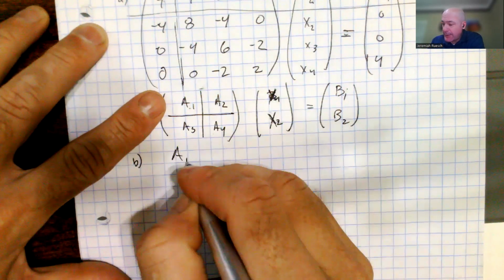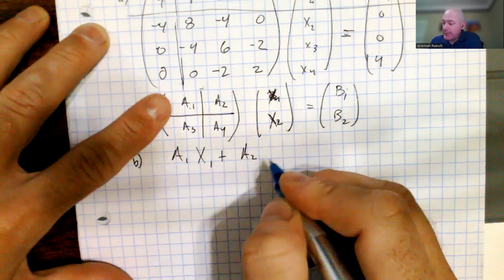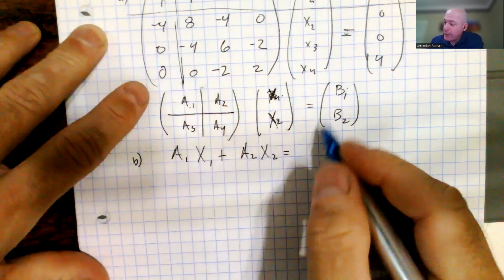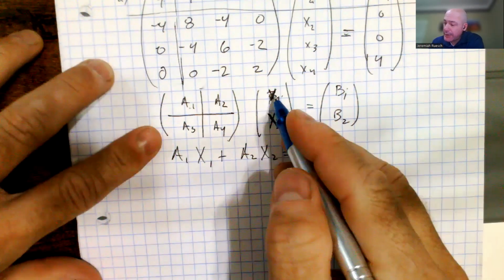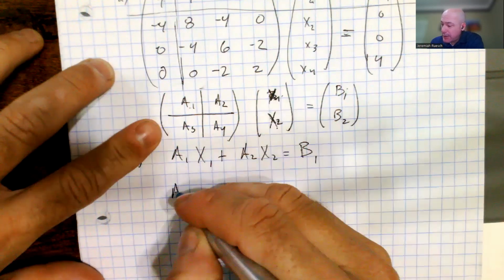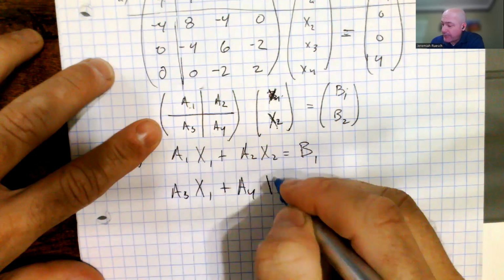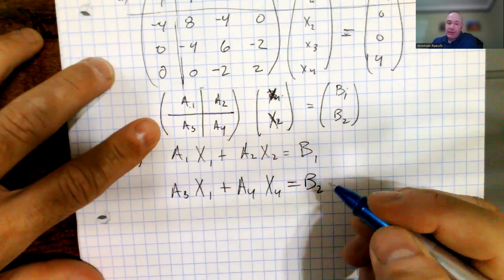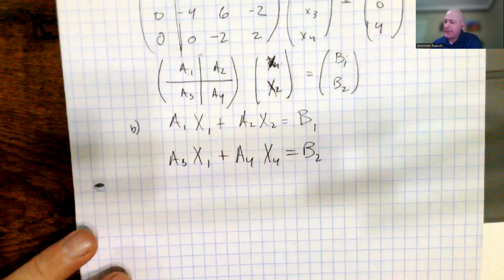So this is A1 times X1 plus A2 times X2, and that's going to be equal to our B1 result. And then the other one will be A3 times X1 plus A4 times X2 is equal to B2. Okay, so there's the matrix multiplication written as a linear combination of those pieces.